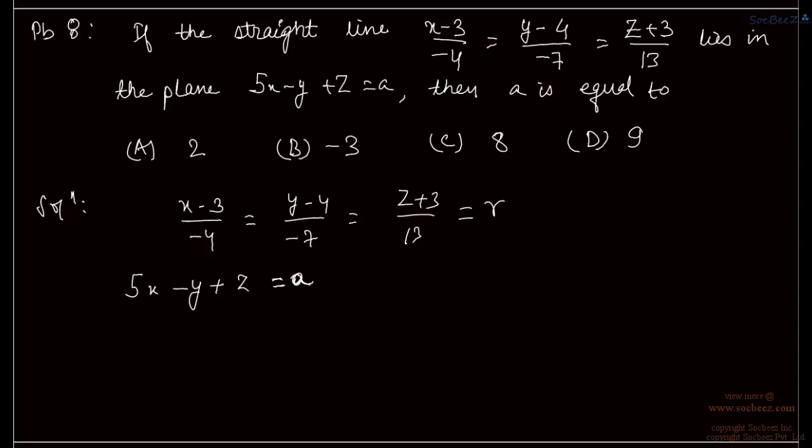So let us take this equal to R. So we have x is equal to minus 4R plus 3, y is equal to minus 7R plus 4, and z is equal to 13R minus 3, right?